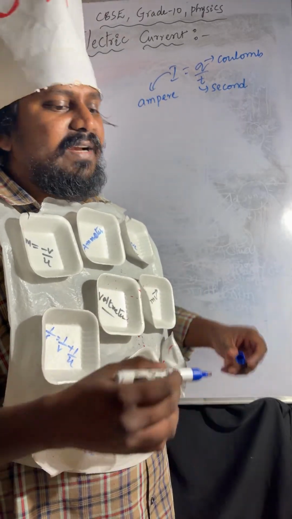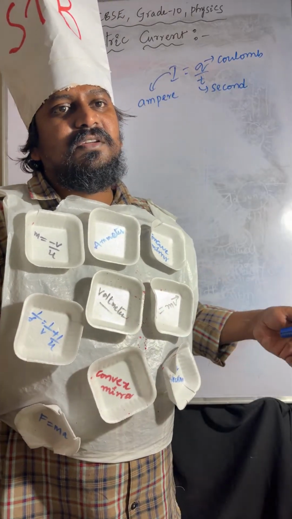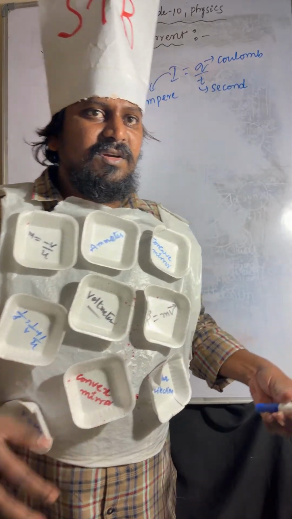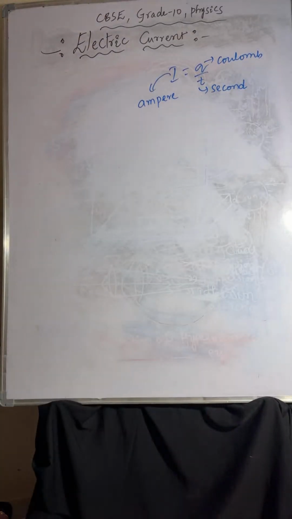That is called 1 ampere. Right? Okay. So that is electric current. The rate of flow of charge is called electric current.